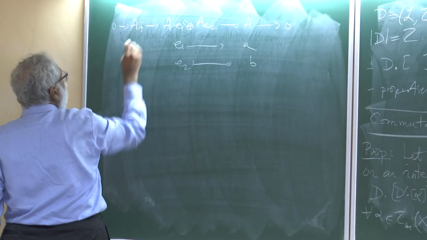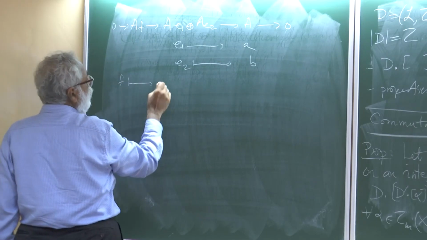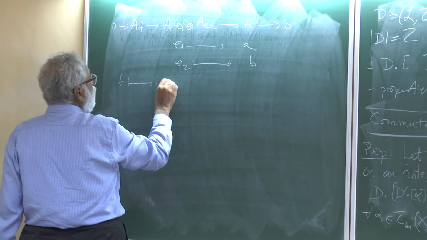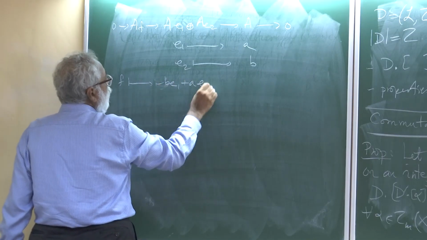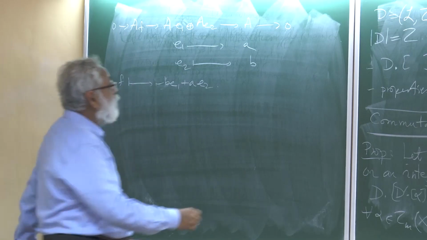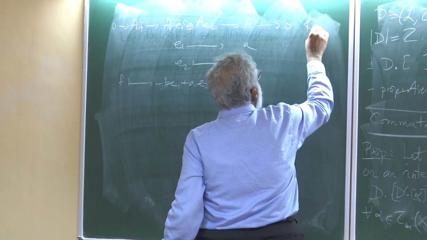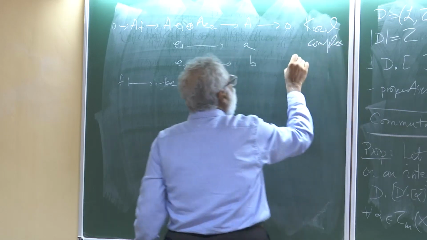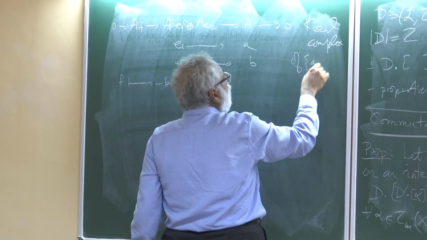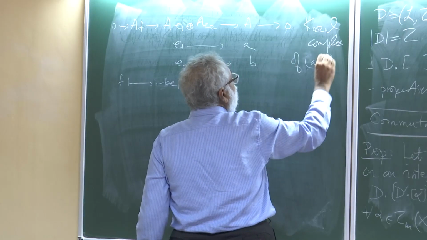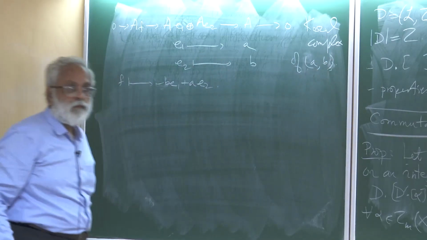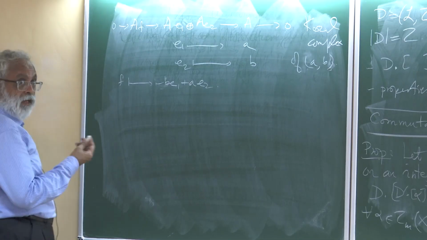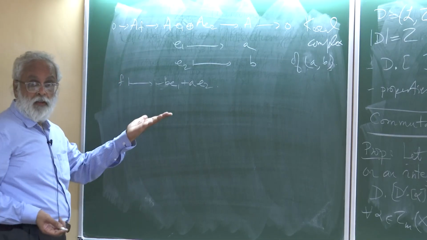And here, let me call it F. F goes to, I suppose, minus B E1 plus A E2. Right? This is the causal complex of the ordered sequence AB, if you like. This is the standard causal complex.